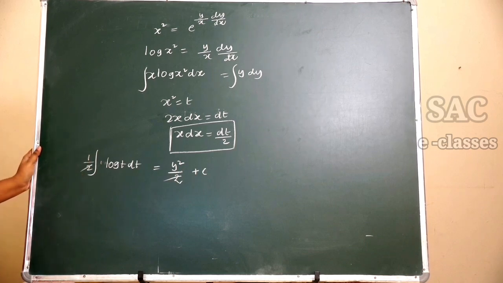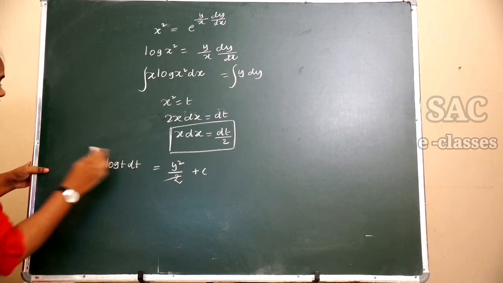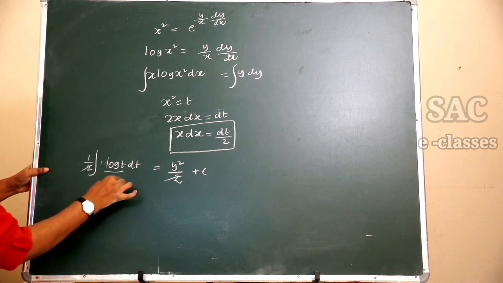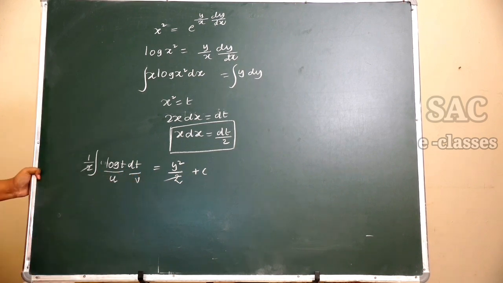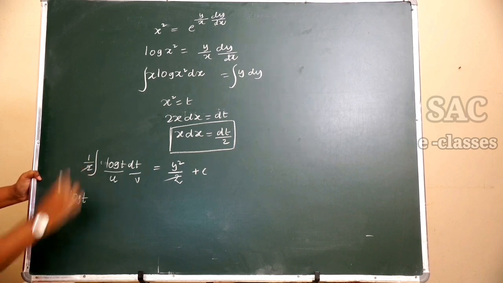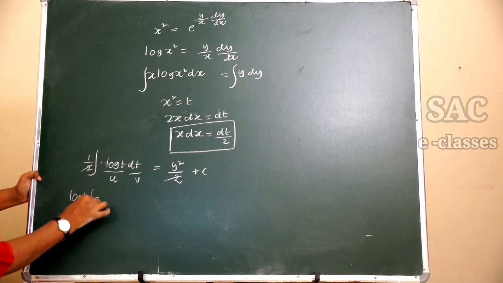This 2 and 2 getting cancelled. Now log t dt can be written as, by assuming this is the u and this is the v, by the method of integration by parts formula, you can find out the integration of log t dt very easily.